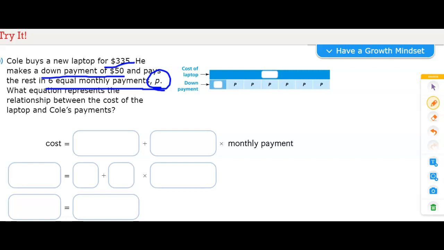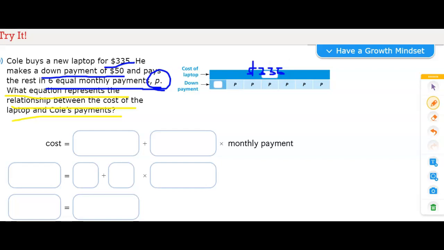And the question is, what equation represents the relationship between the cost of the laptop and the payments? So the cost of the laptop, we would write here, $335.